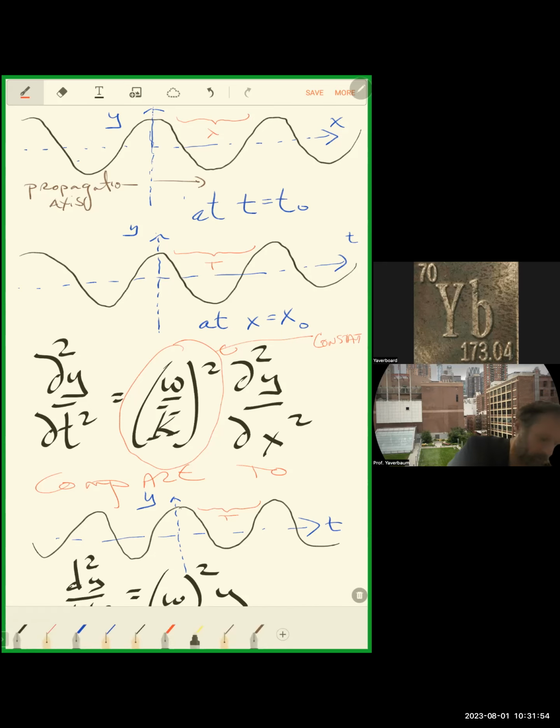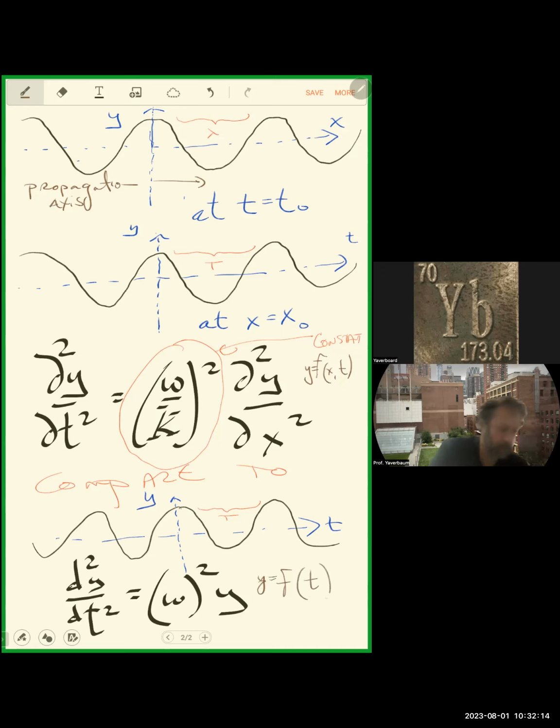Let me clarify that too: in the top equation, y was some function of x and t, but here y is just a function of t. So first of all, I can drop the partial differential notation and go back to regular ordinary derivatives, because there's only a function of one variable. So this was our differential equation for simple harmonic oscillation.